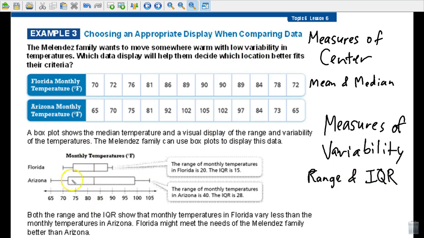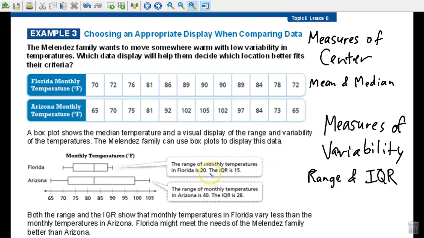This is called a double box and whisker plot because we are showing two different box and whisker plots. Okay? But very clearly you can see 90 and 70, the range would be 20. The IQR, it's pretty close to tell, but they say the IQR is 15.